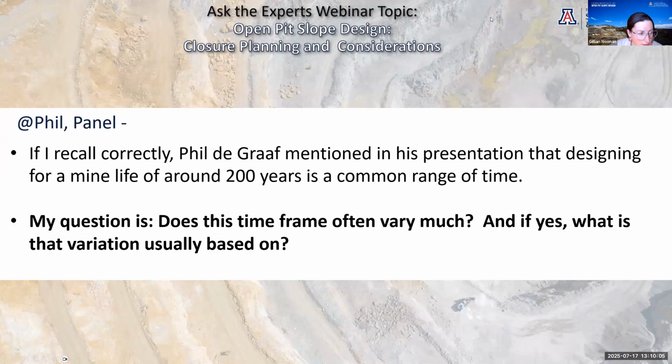And the question is, if I recall correctly, Phil DeGraff mentioned in his presentation that designing for a mine life of around 200 years is a common range of time. The question is, does this time frame often vary much? And if yes, what is that variation usually based on? So Phil, would you like to start with this one?